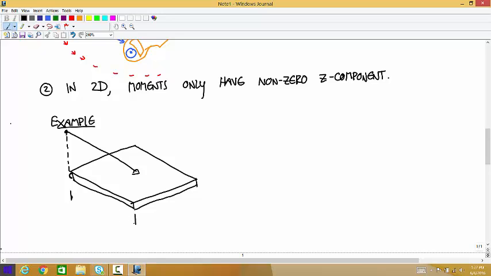The length of the plate is 2 meters. I guess it's square, so this is also 2 meters. And this height is 1 meter. So let's say that this is the about point, A.